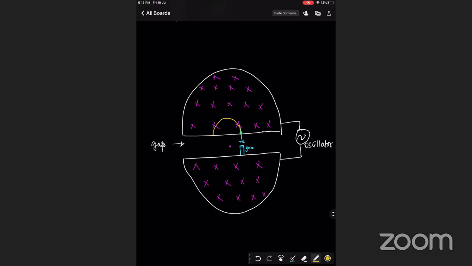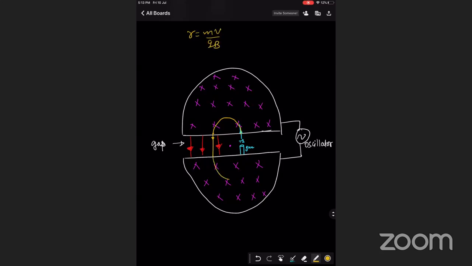When the charged particle enters here, we will start the electric field. What will this electric field do? It increases velocity. Correct. Electric field will increase its velocity, and because velocity is increased, its radius will also increase, right?